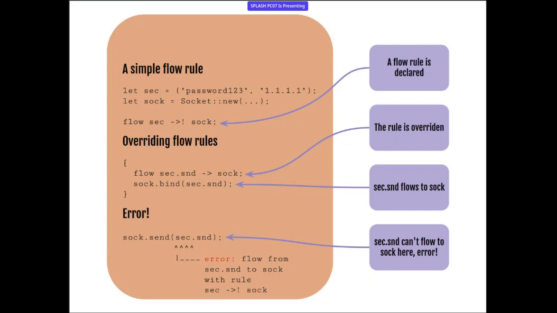So here, when we try to do effectively the same flow as we did up here, we're going to get an error from the IFC system because this rule has gone out of scope at the closing curly brace. And if you've written some Rust, you know that this is an idiomatic Rust pattern. People do this a lot when they're using unsafe, for example, to restrict pointer provenances and stuff.